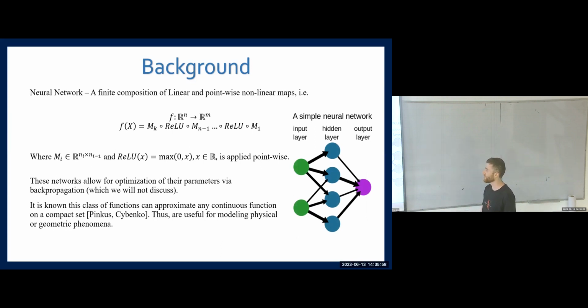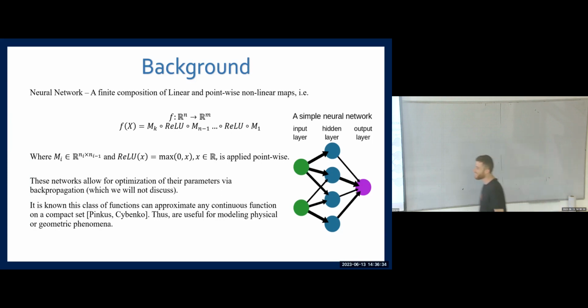Okay, so now we want to process this data structure using machine learning. The basis of all machine learning are neural networks. So what is a neural network? It's a finite composition of linear and pointwise nonlinear functions. So the entire function is just a linear function composed usually with ReLU applied pointwise.